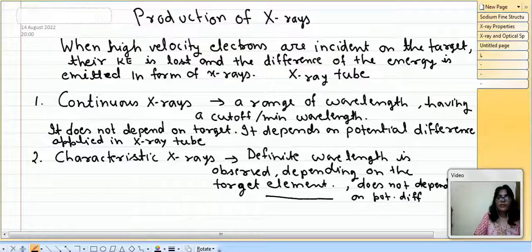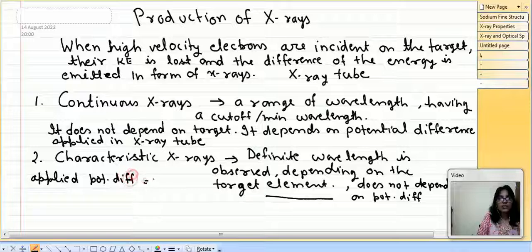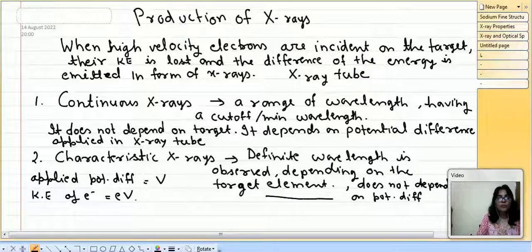Now let us see why there is a minimum cutoff value. If the applied potential difference is equal to V in the X-ray tube, then the kinetic energy of electron is eV. So the maximum frequency of the X-ray which can be produced by this voltage will be h nu, which is equal to eV.